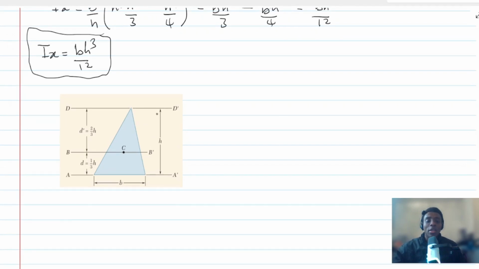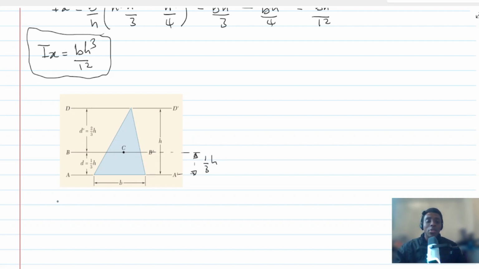It is a known fact that whenever I have a triangle, the centroid of that triangle will always be at a distance 1/3 from the base. So if this is h, the centroid will always be at 1/3 of h, and that is what has been depicted here.